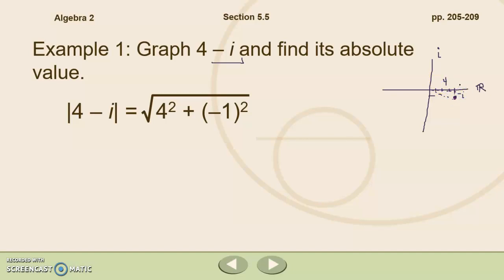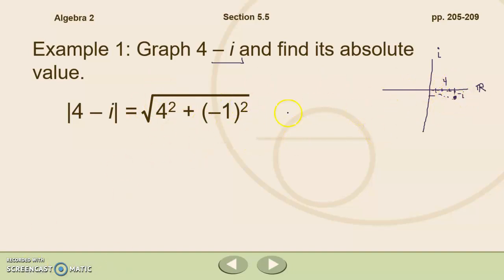So we know to find the modulus, we would take 4 squared plus negative i squared, and that would equal our modulus squared. That's going to find this distance here. So the absolute value of 4 minus i equals the square root of 4 squared plus this negative i squared.